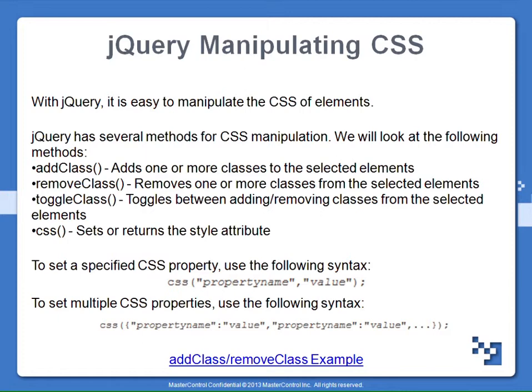Again, you can do it this way, but in my personal opinion, that's the hard way. It would be better to establish a class in your CSS and then just use the add or remove class function to do that. So my example does that, because I want to use my preferred way, I guess.